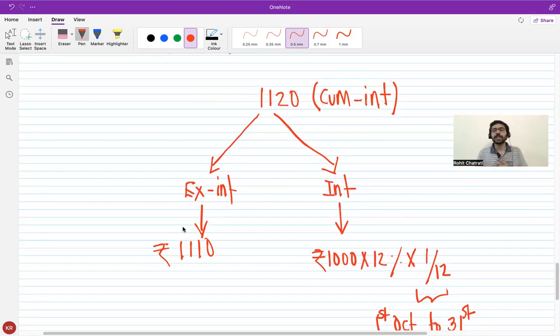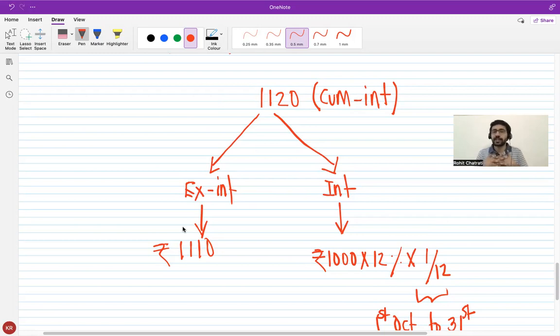So for the 50 debentures that I purchased on 31st October 2022, the total cash outflow was 1120 each, which is the cum-interest price.